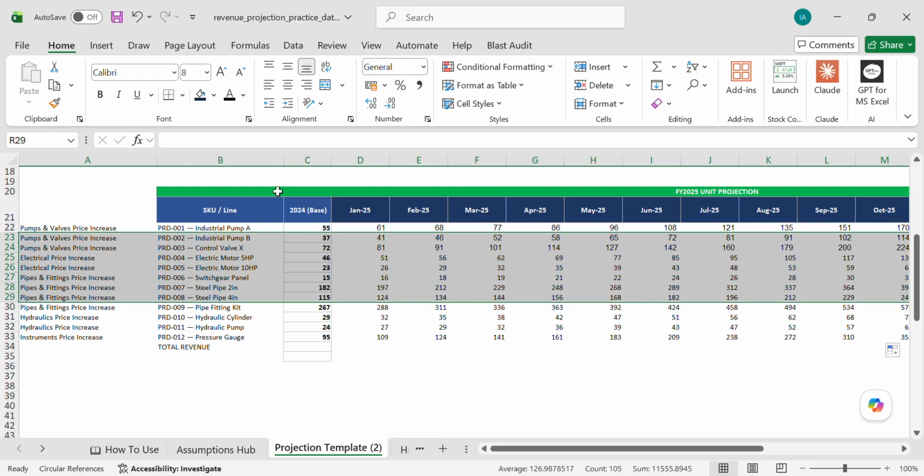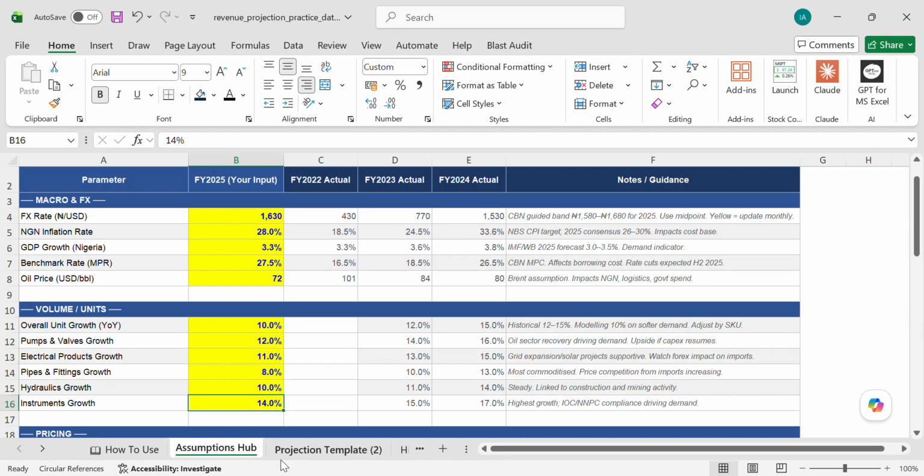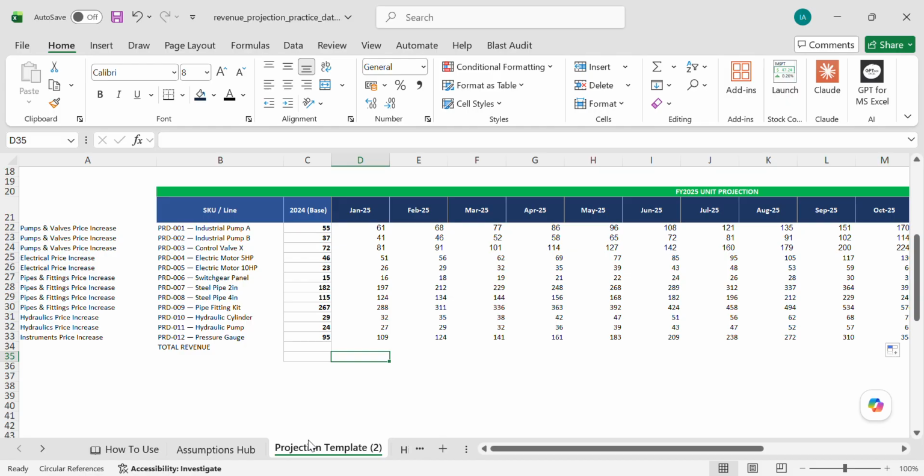So let's have another section. You can do your revenue projection, or you can use the template here. So you can have your revenue.